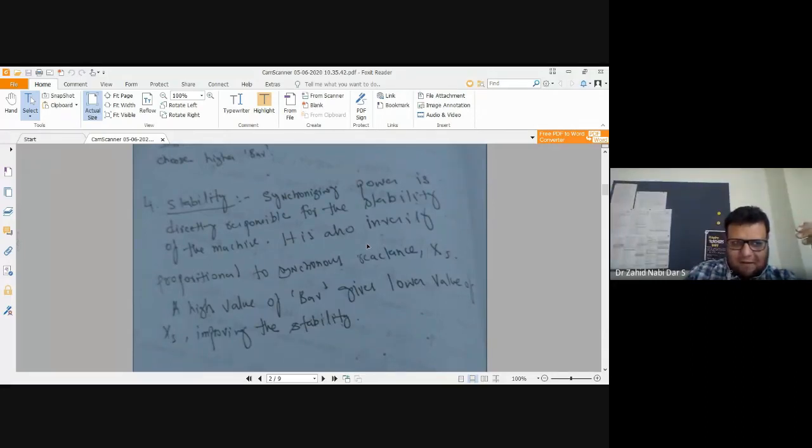If your demand goes a little high, say 1 or 2 kilowatts up, that demand is supplied by the rotational energy stored within the machine. The generating turbine supplies some energy and the frequency becomes a little less. So this synchronous power is directly responsible for the stability of the machine. It is also inversely proportional to the synchronous reactance.